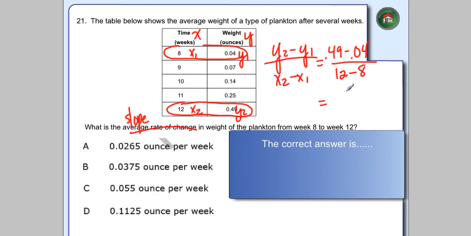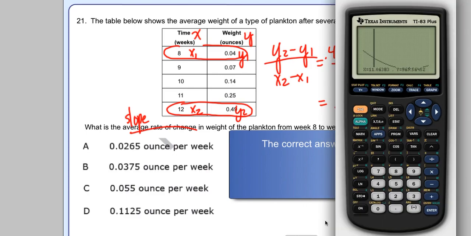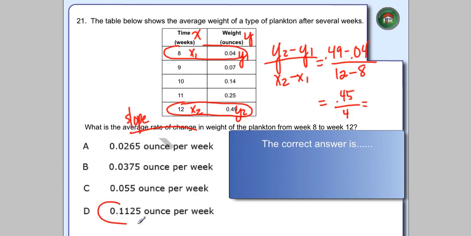So 0.49 minus 0.04 would be 0.45 over 4. And then if you did 0.45 divided by 4, you get 0.1125, and that makes sense because this is ounces, 0.45 ounces, because that's your y, over your weeks.